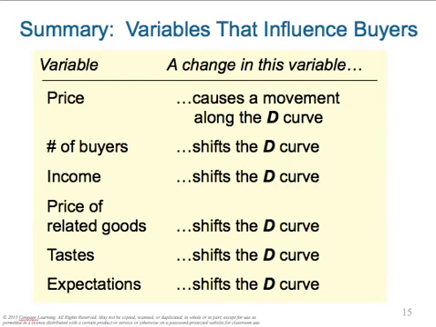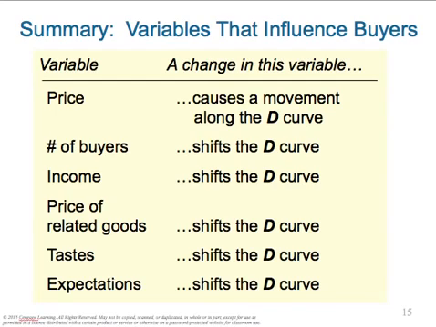You should notice that the only determinant of quantity demanded that causes movement along the curve is price. Also notice price is one of the variables measured along the axes of the graph. So here's a handy rule of thumb you can use to remember whether the curve shifts.